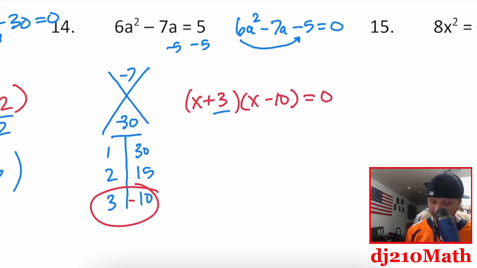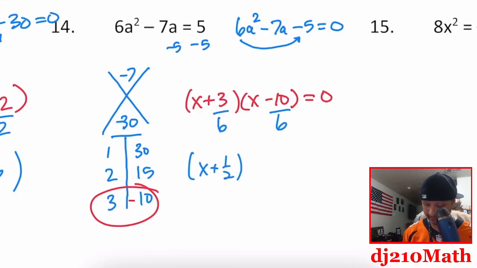Divide by a. What was a? 6. So when we reduce, this is going to be a plus 1/2, a minus 5 over 3. Right, half of 10, half of 6. 5 over 3.